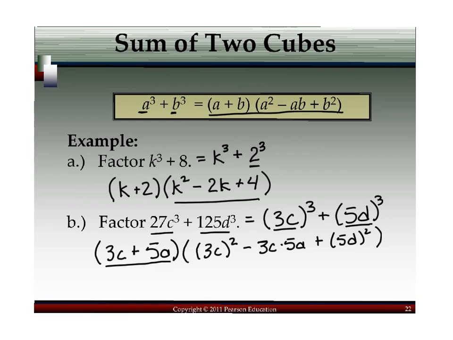Now, nothing changes about this parenthesis, so just rewrite it as 3c plus 5d. And then I'm going to combine things in this one. So 3c squared is 9c squared.